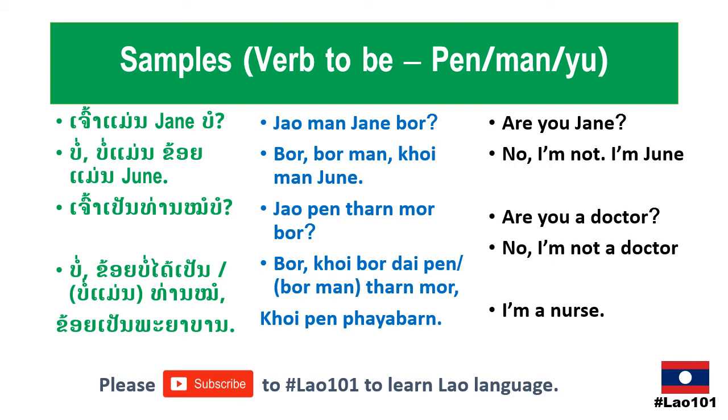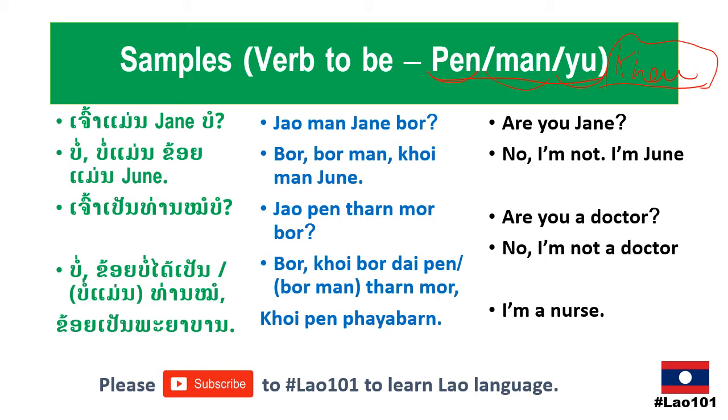So in this sentence, the verb to be we can say with the word เป็น, man, you. Some other people would say the verb to be is also คือ, but I don't think it's so relevant. So I'm just going to give three examples with the word เป็น, man, you.